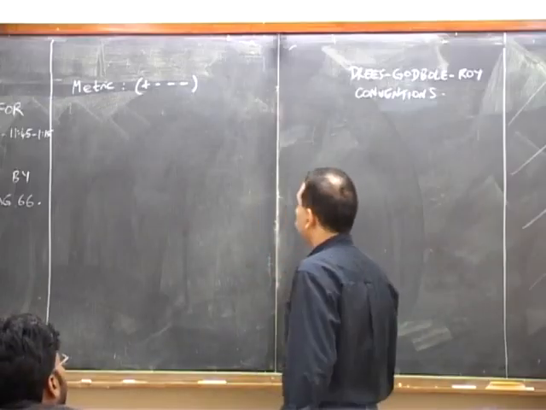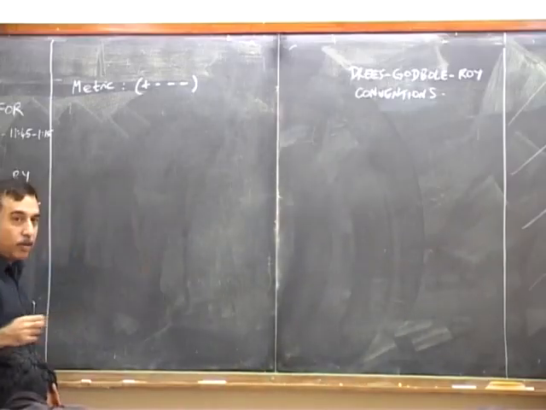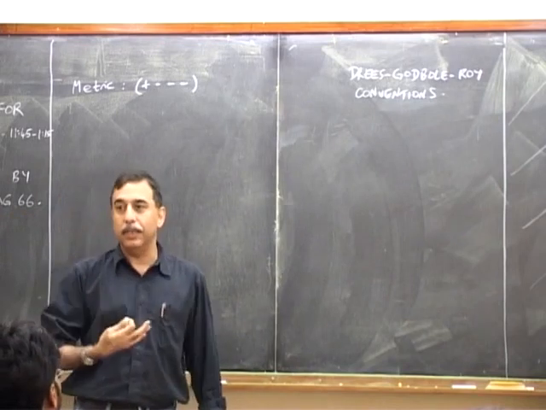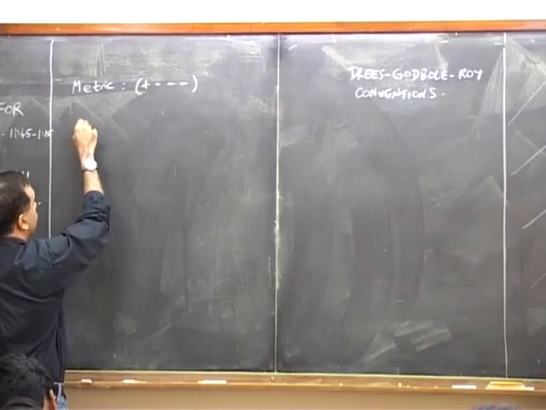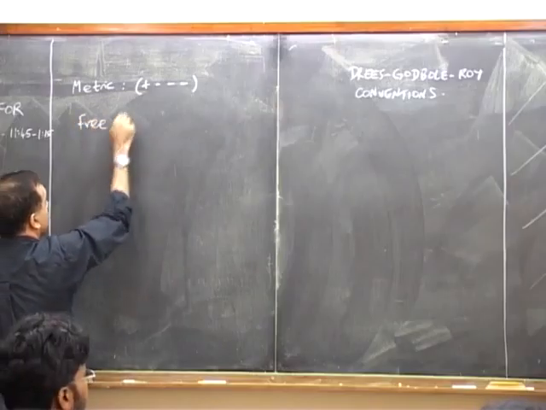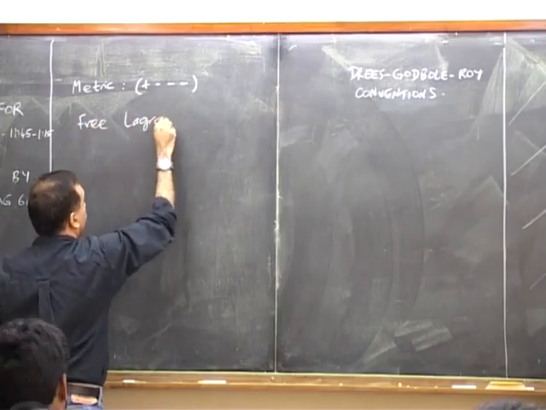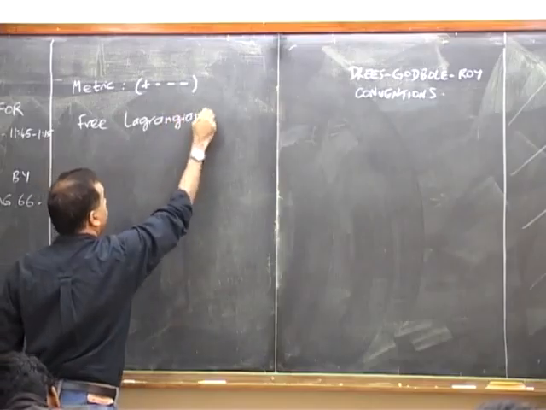Okay. So, since this is going to be about field theory and mostly about classical Lagrangians, let's get our conventions straight. So, let's write a few free Lagrangians, just so that we know what we're doing.